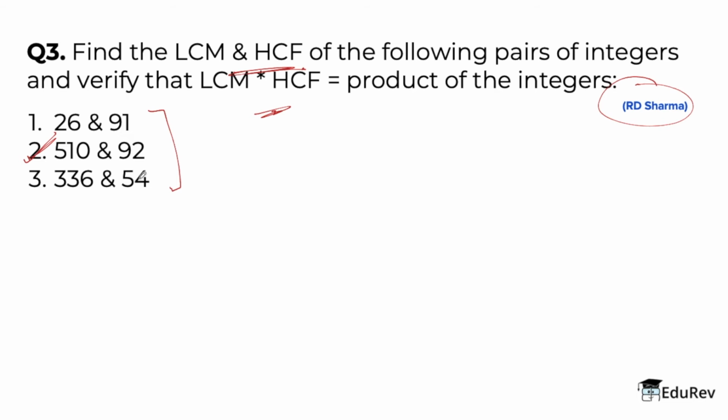So let's start. Let's first find the factors of 510 and 92. We know that 510 is equal to 2 into 3 into 5 into 17. You can do prime factorization to find the factors. Similarly, 92 is 2 into 2 into 23.